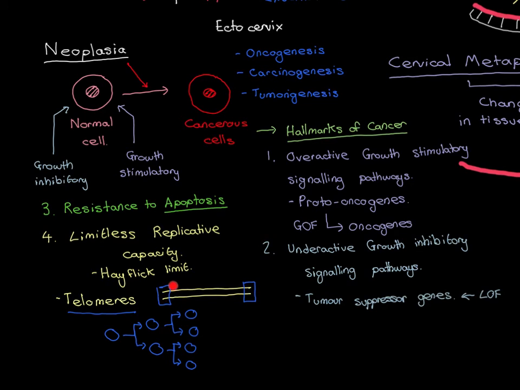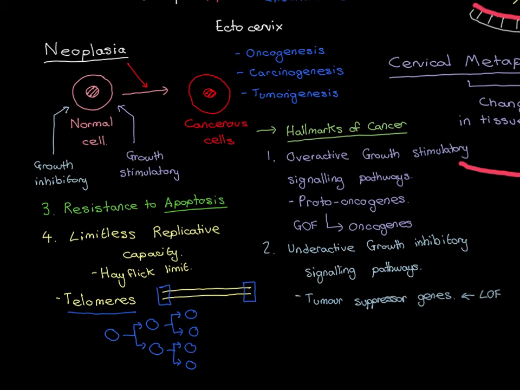But once you've lost the telomeres, then you'd start losing DNA from the actual coding portion of the chromosome, and therefore it would destroy the cell. So that's why you usually have a limited replicative capacity: the telomeres are of finite length, and once you've divided a certain number of times, the telomeres are too short now to carry on.